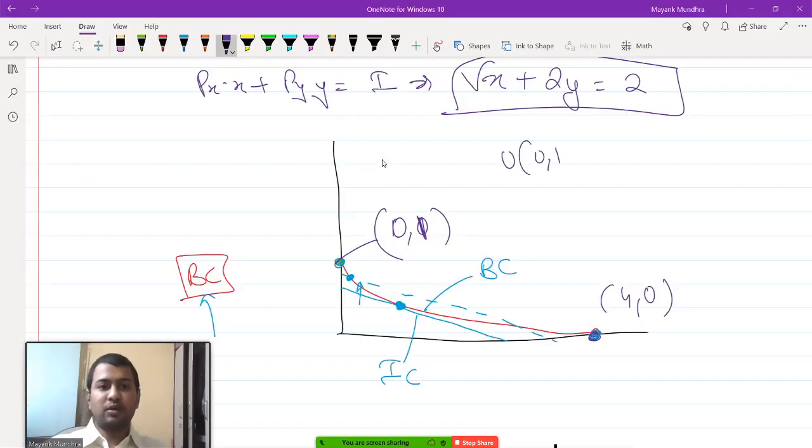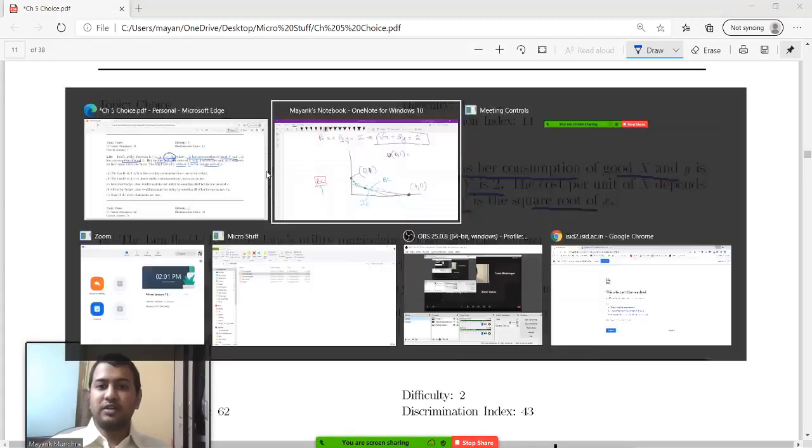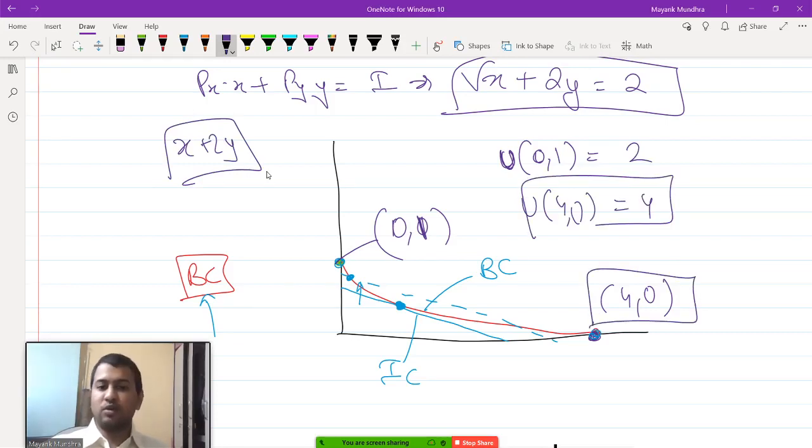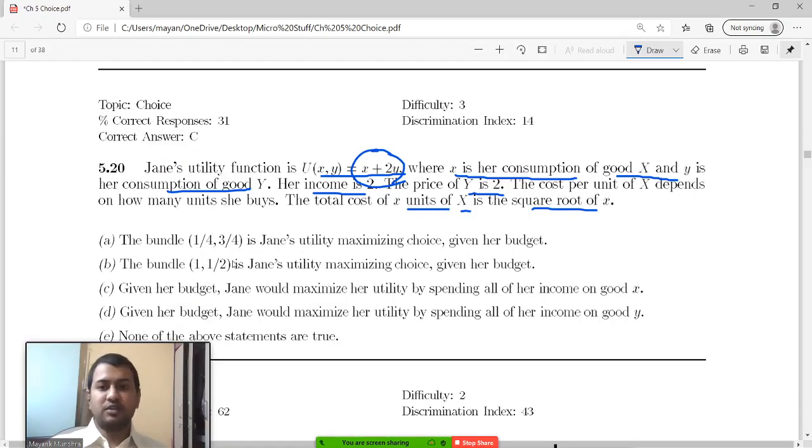Utility function is x plus 2y. So utility at 0 comma 1 will be 2, utility at 4 comma 0 will be 4. So utility is higher at 4 comma 0, so she will consume only good X. So the maximum is spending all her income on good X. So the answer is C.